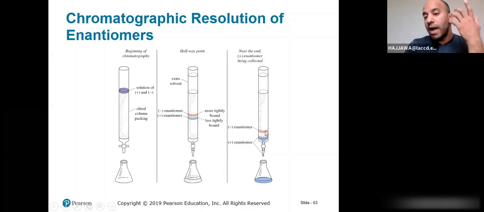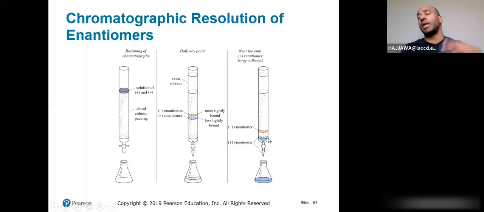And that's how we separate those two enantiomers. And this is the most common method being used nowadays in the drug industry, where once they make that mix of enantiomers, or the racemic mixture, they separate them using chiral column chromatography. And that's the story of chapter 5.